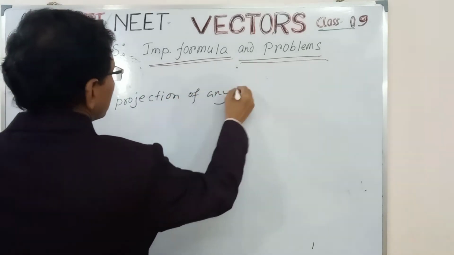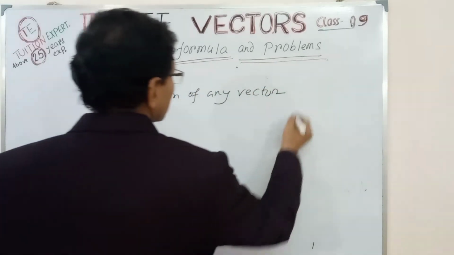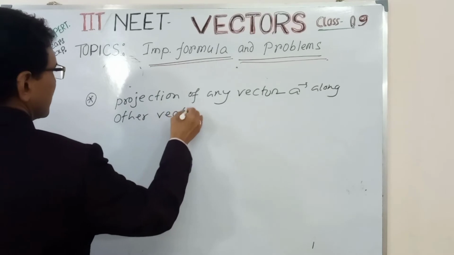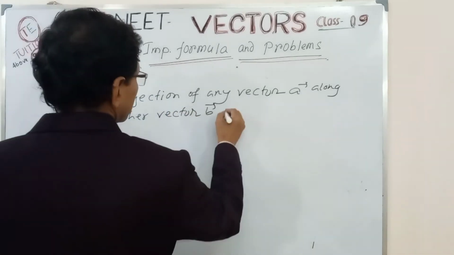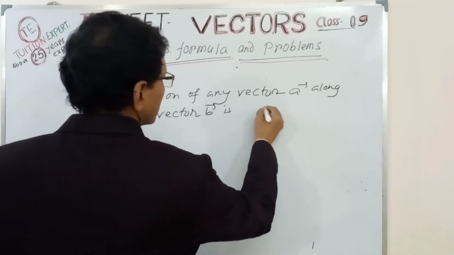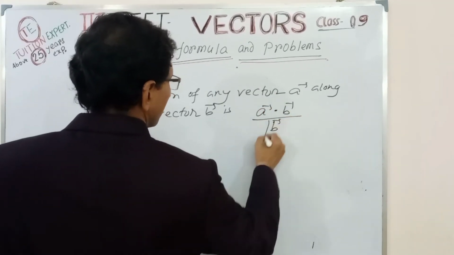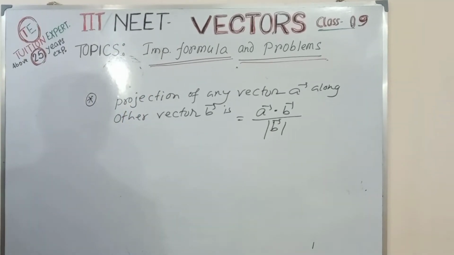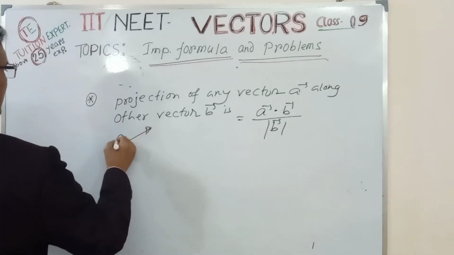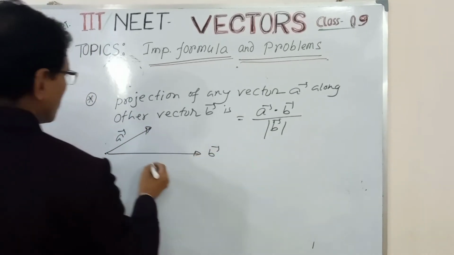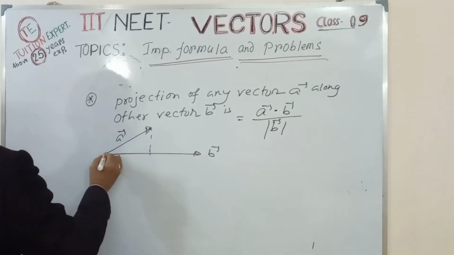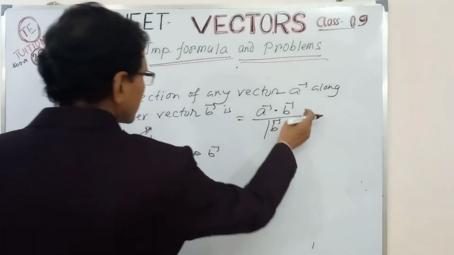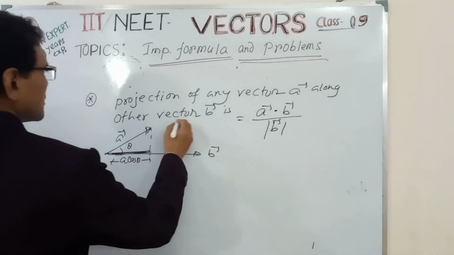Projection of any vector. The projection of any vector A along another vector B is, suppose this is vector A and this is vector B, the projection of A along vector B is A cos theta. Now A cos theta becomes this. This is the result.